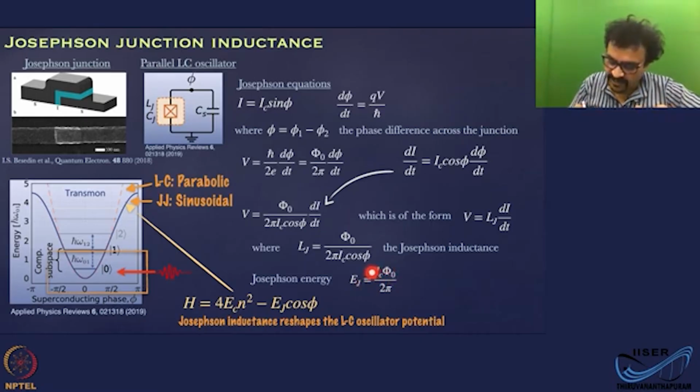Using the Josephson energy E_J, I_C times phi 0 divided by 2 pi, you can rewrite the Hamiltonian from the previous slide in this form. Now, whether from this equation or from this equation, you have run into a very interesting situation. Previously you had a Hamiltonian which is parabolic in phase, because there is a phi square term, or parabolic in flux because there is a capital phi square term.